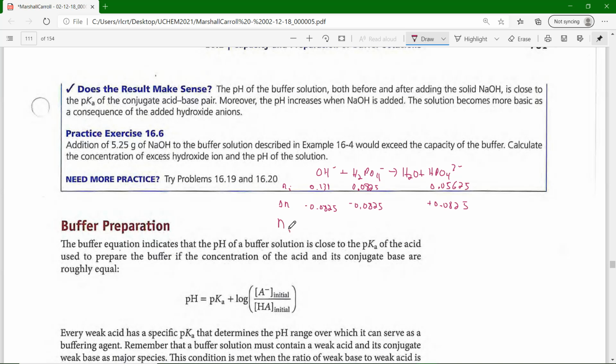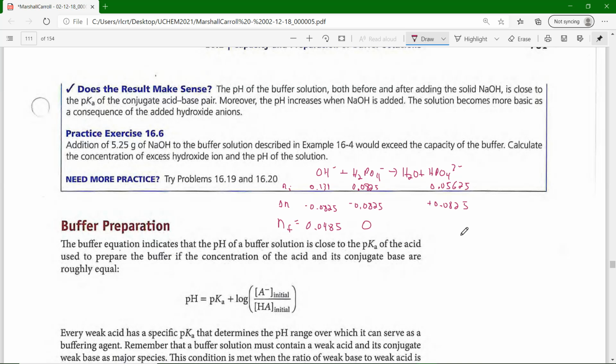So my final hydroxide is going to be 0.131 moles minus 0.0825, which is 0.0485. And I have 0 of the H2PO4-. That became the limiting reactant.